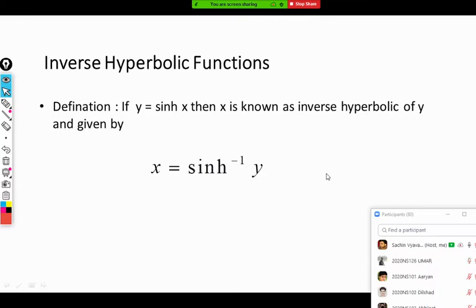Sir, for the hyperbolic slide which you showed last, do we have to remember all the formulae already written there? I told you, you don't have to learn any of the formulas by heart. You can derive whatever formula you require. Suppose you require the formula for tanh of x plus iy. You can first write the tan of a plus b formula, convert it to tanh of a plus b, and then replace a plus b by x plus iy, and you can find the formula.